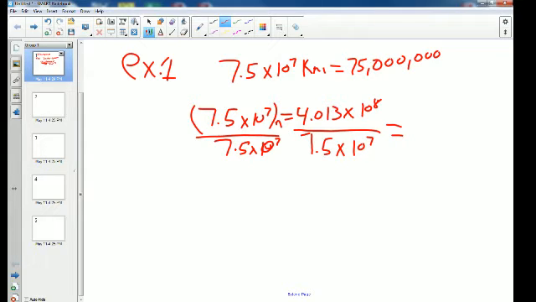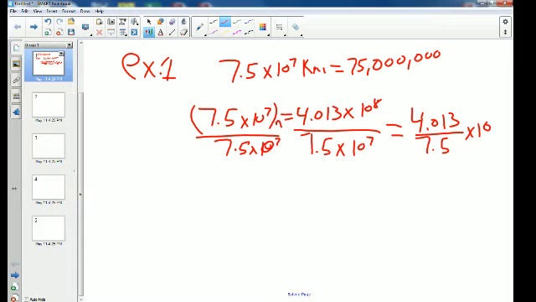So one of the powers of exponents is when you divide two exponents, you subtract. So you get 4.013 over 7.5 times 10.